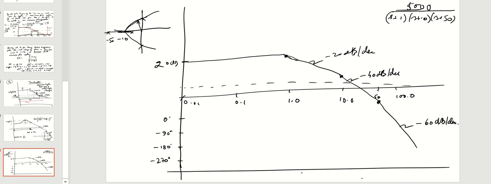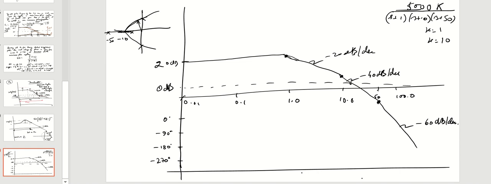Okay, fine. So somewhere here, now recall, if this is your 0 dB line, if you now further increase this, so let's say there is a K here, this is for K equal to 1 and K equal to 10. So this black line corresponds to K equal to 1.